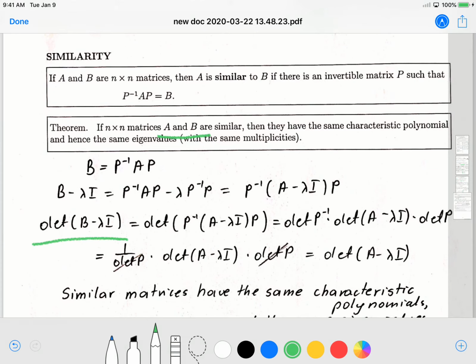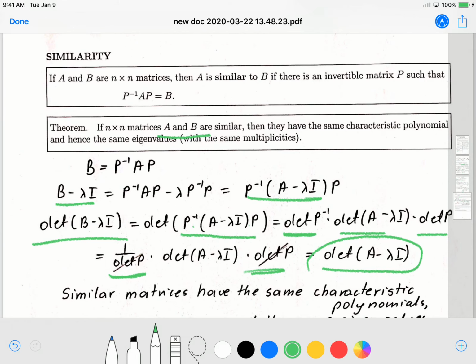The determinant of B minus lambda identity is equal to the determinant of this matrix, because that's what we showed. By properties of determinants, if you have multiplication, you can separate the determinants. And the determinant of P inverse is 1 over the determinant of P. A determinant is a number, so those two reduce, and I am left with the determinant of A minus lambda identity.